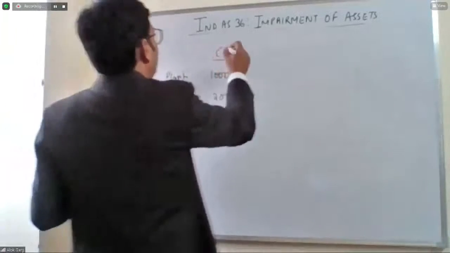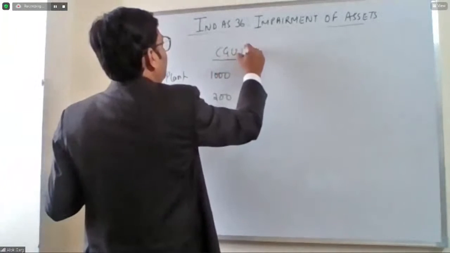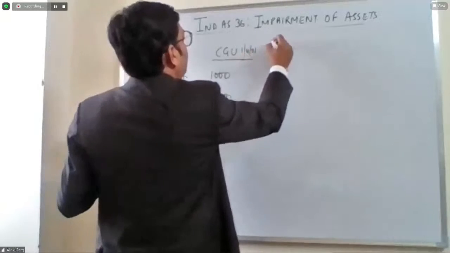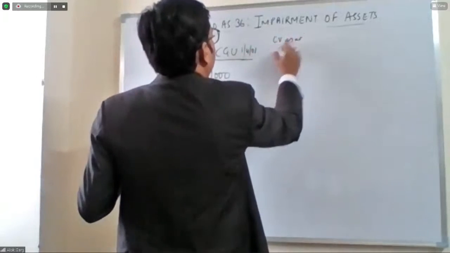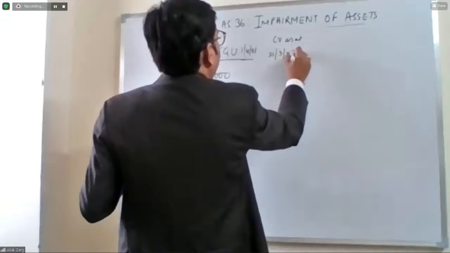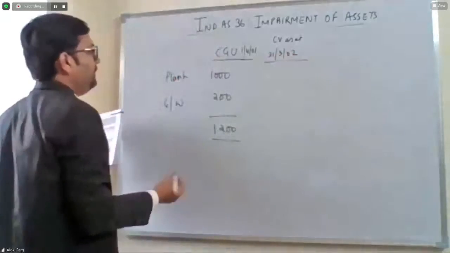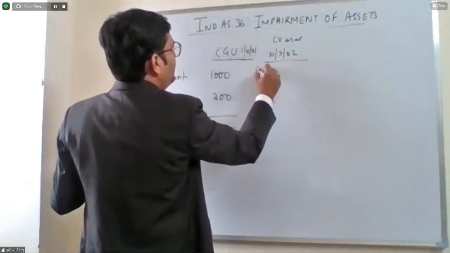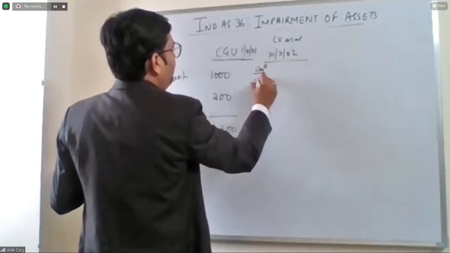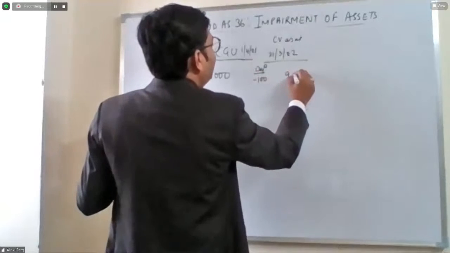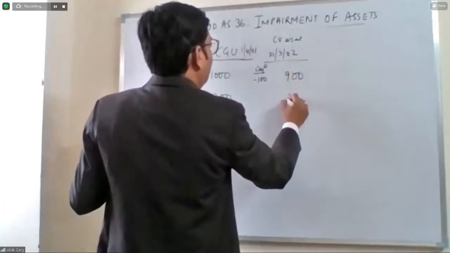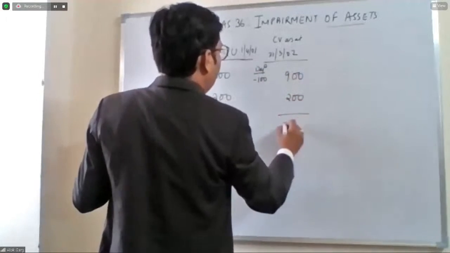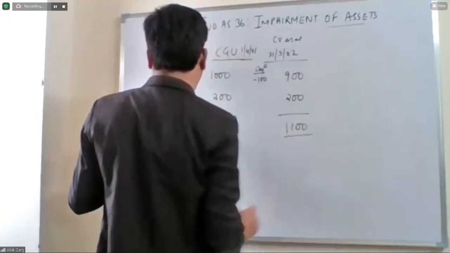Now, it is a value on 1st April 2001. Now, carrying value as at 31st March 2002. What is the carrying value? So depreciation needs to be charged. What is the depreciation? Depreciation is 100 crores. So the revised carrying value of the plant is 900. The carrying value of the goodwill is 200. The total value is 1100 crores.